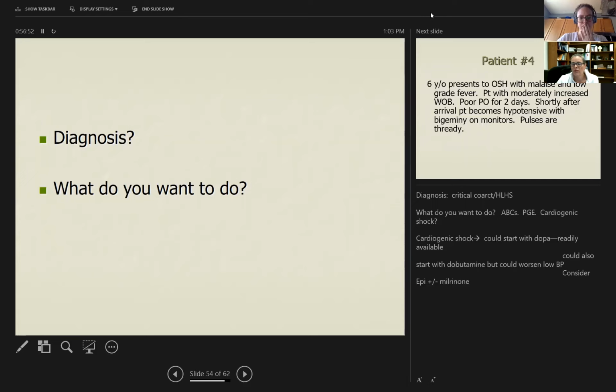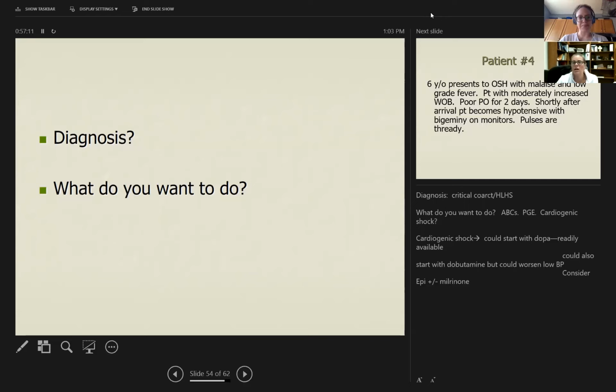And if you're very, very concerned that this is a ductal dependent cardiac lesion, what else do you need right away? What other drip? That no one will ever fault you for starting. Prostaglandin. Prostaglandin, yeah.